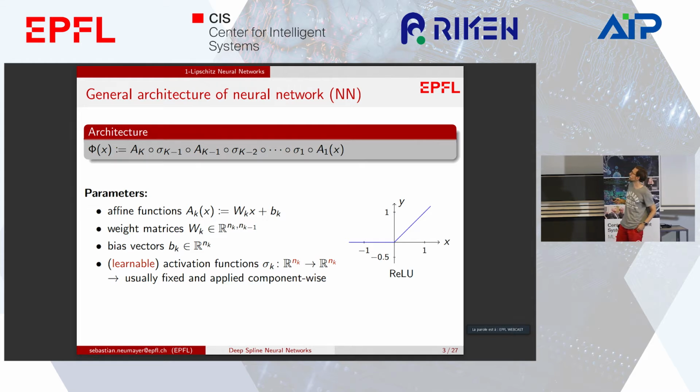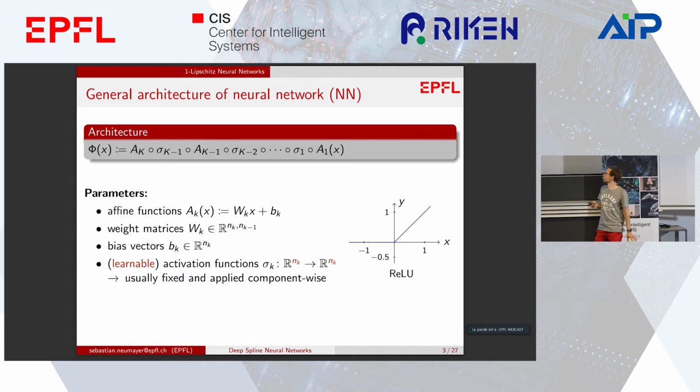But for the activation functions in this talk, we are a bit more unspecific. So it can be a learnable activation function. And it's in principle, a priori, not necessarily component-wise. So it's just a function from R^N_K into R^N_K. So it could depend on several inputs.